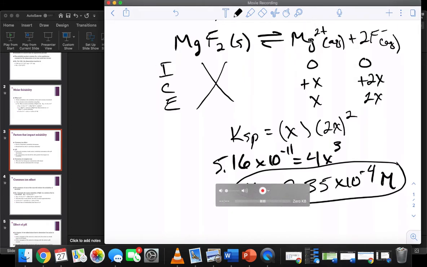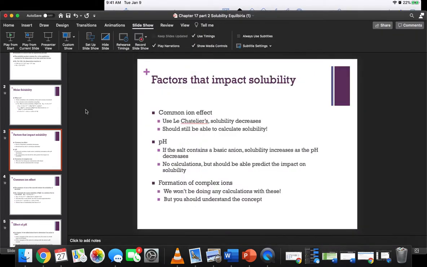If I add a product to this reaction, it's going to shift the reaction backwards, which means the x values I end up solving for are going to be smaller if one of these starting values is not 0. That's the main thing with the common ion effect.